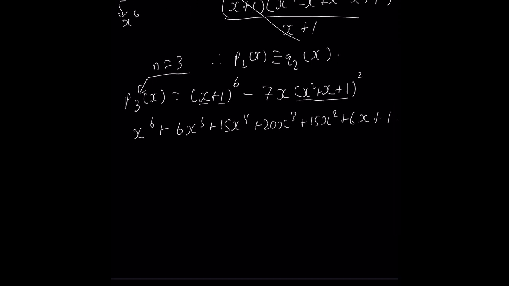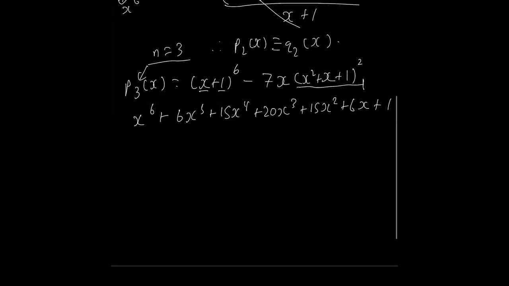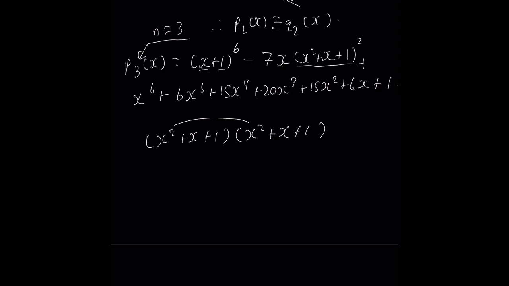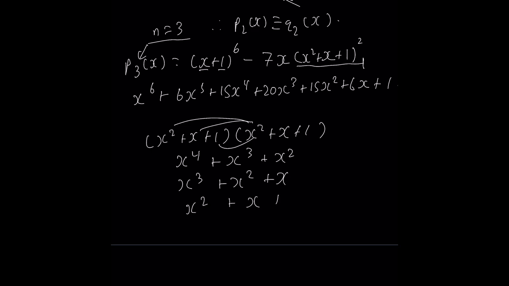But now we have this triple bracket. It's only squared, so it's not too bad. So we'll have x squared plus x plus 1 times by itself. We'll start off with this term, so it's x to the 4 plus x cubed plus x squared, and now this one, x cubed plus x squared plus x, and then now this term, x squared plus x plus 1.